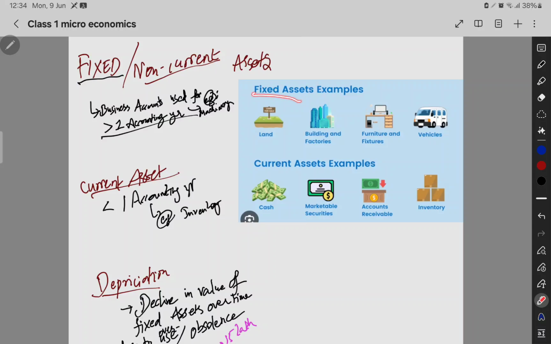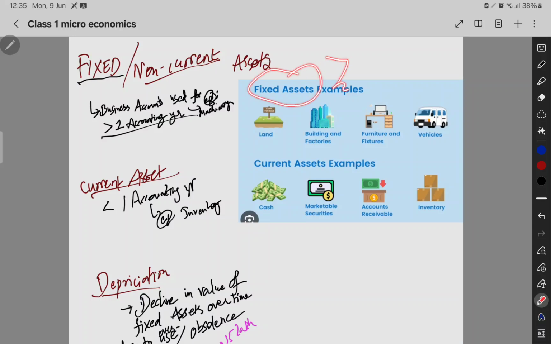And what is a fixed asset? Fixed assets are business assets used for more than one accounting year. Examples: buildings and factories, machinery, land, furniture, vehicles. All of these come under fixed assets.